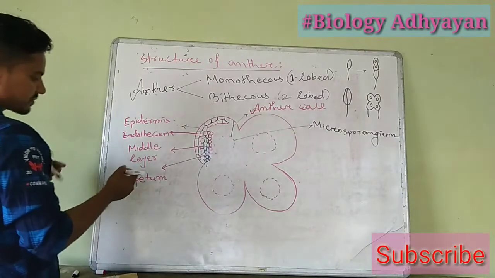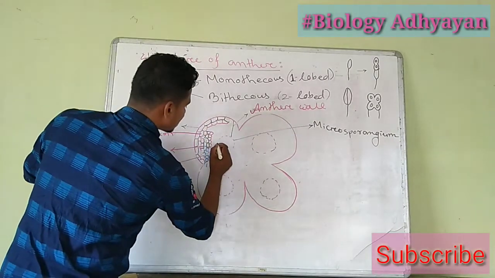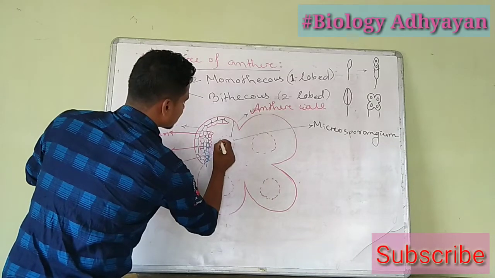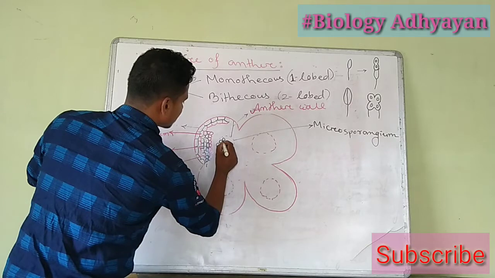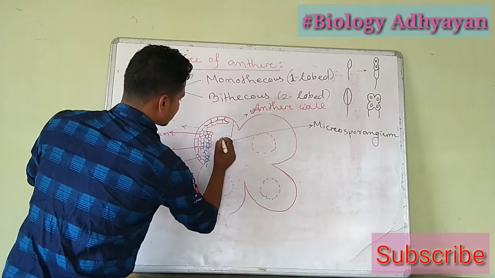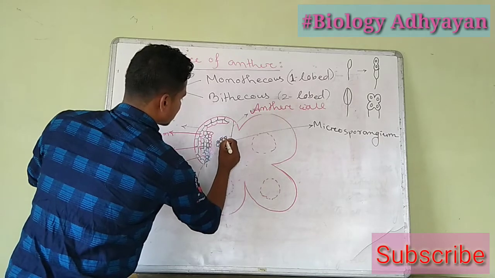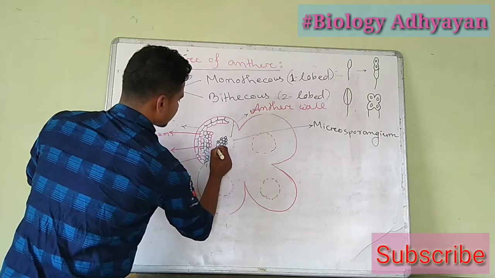Now you see, inside the microsporangium some small cells are there, and they remain densely crowded in this way.